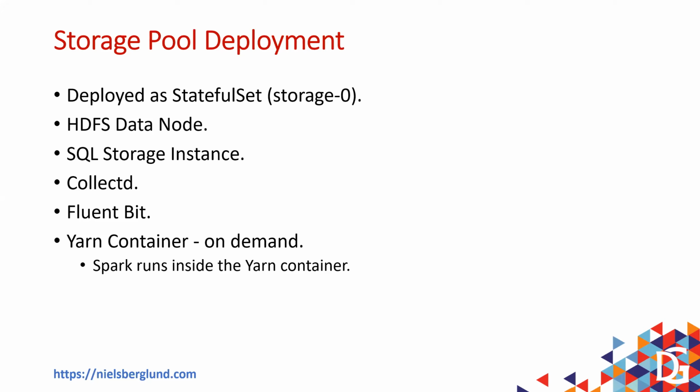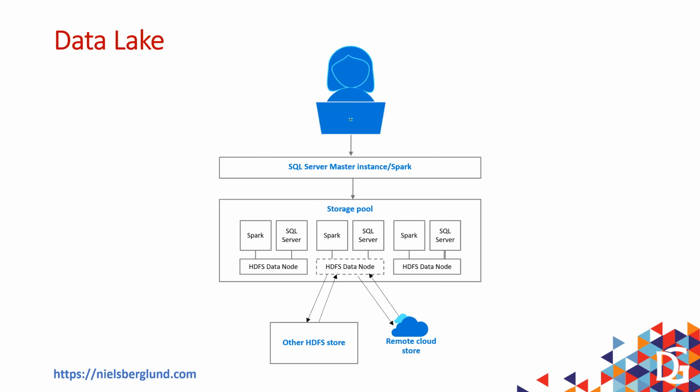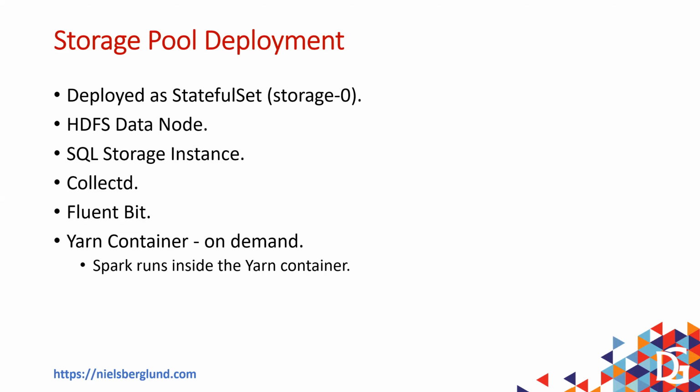Then if we're going back to the picture, actually this picture, we see here how we are saying that I have Spark here. That is not really true. I'm lying a little bit, but it's easier to visualize it like this. What we have is a YARN container, yet another resource manager.